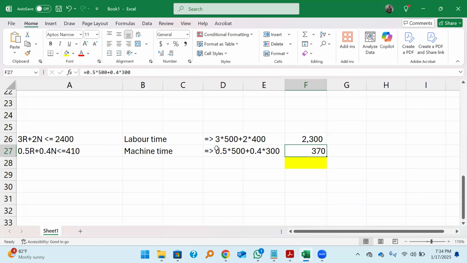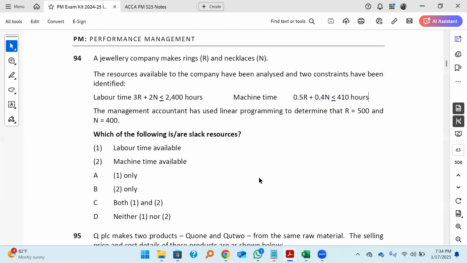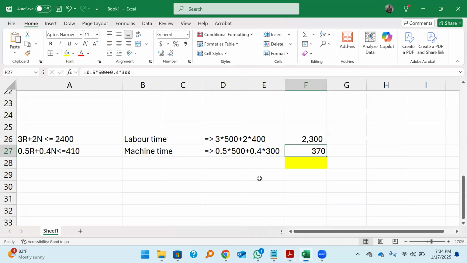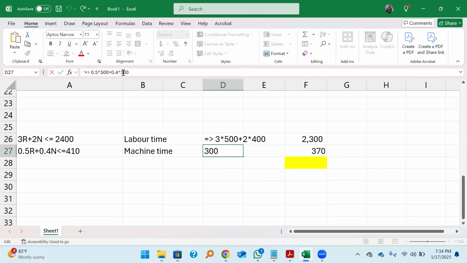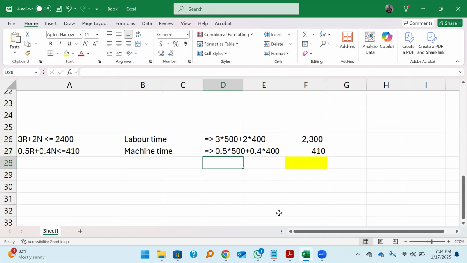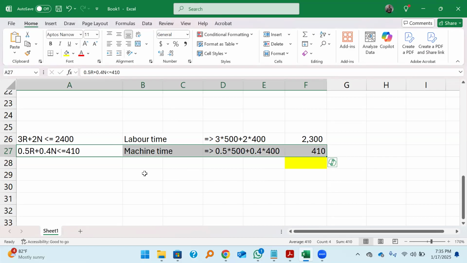So 3 times 500 and 2 times 400 is 2,300. Then 0.5 times 500, and for this one I used 300, not 400. When we change this to the right figure, now we realize that this second one is exactly using the 410 maximum they have told us, and the first one we are not finishing.